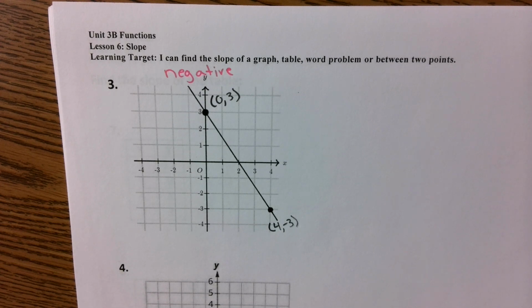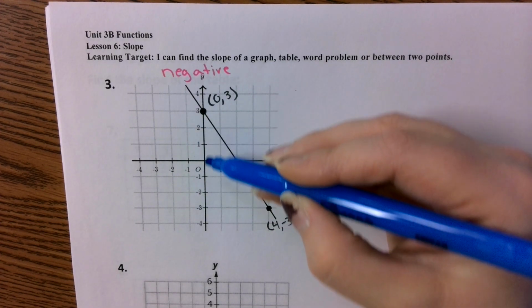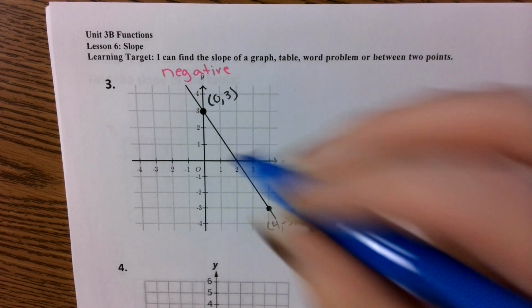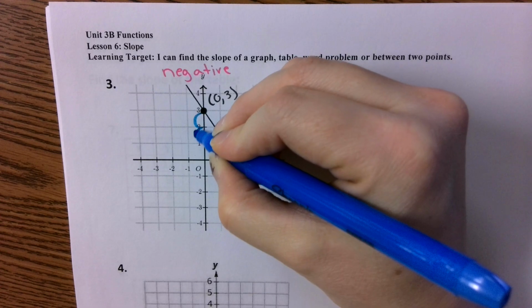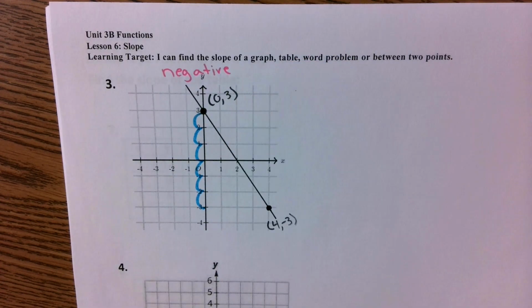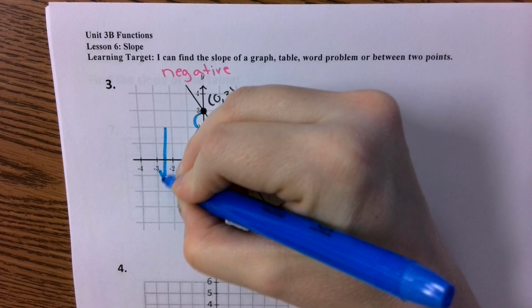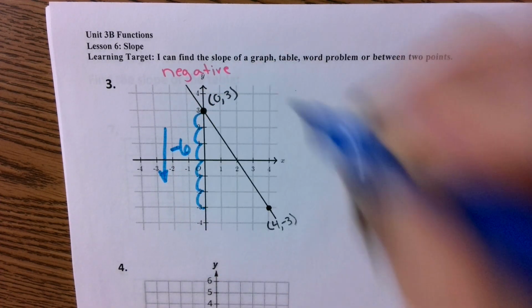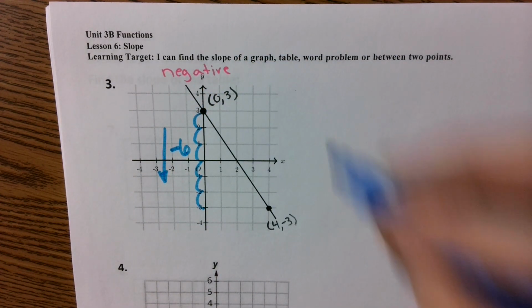And then from here, I would just identify my rise and my run. So for my rise, I need to count how many units downward I have to move. So I'm moving 1, 2, 3, 4, 5, 6 units downward. Again, we are moving down, so that would be a negative 6 for the rise.